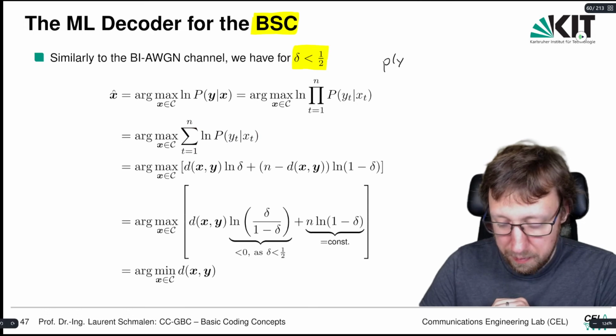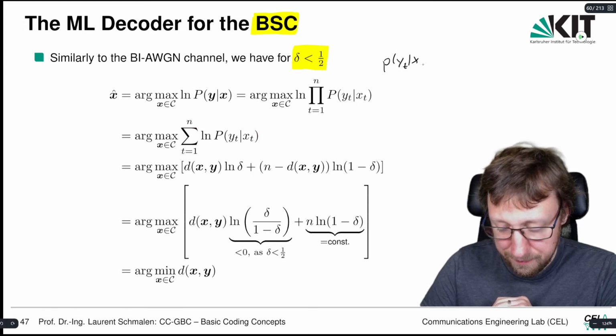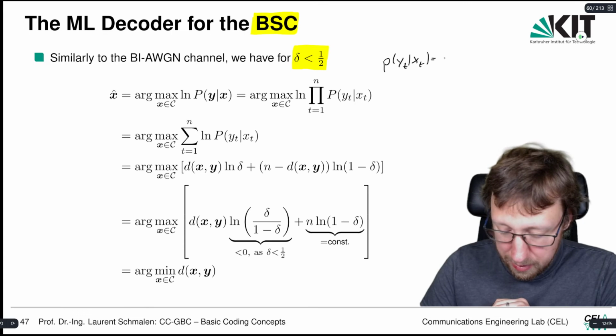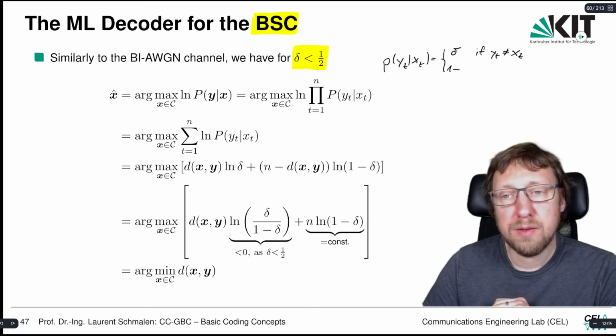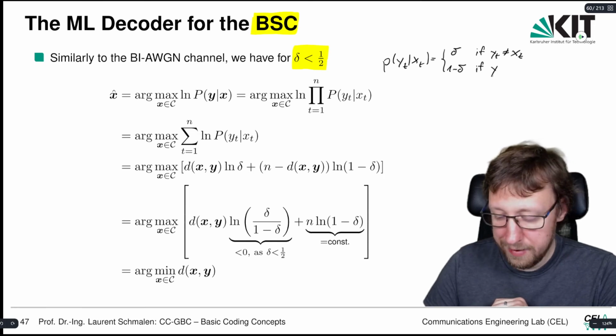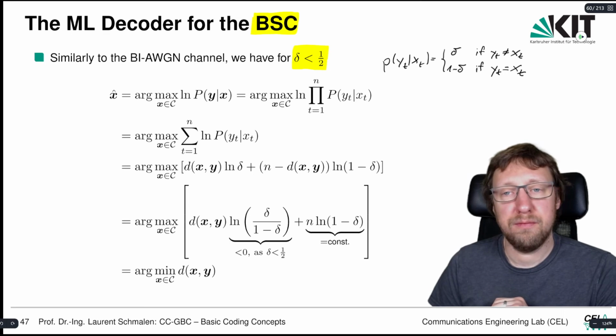Reminder, p of yt given xt is equal to delta if yt is different from xt, and it's 1 minus delta if yt is equal to xt.